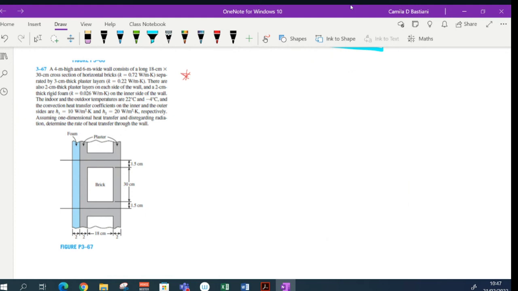So, a 4-meter high, 6-meter wide wall. So I have a wall.